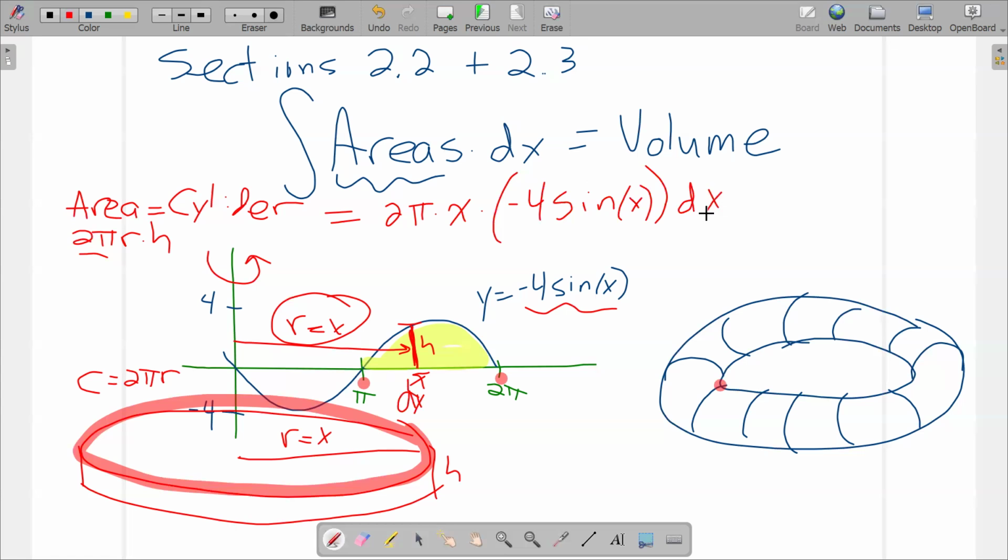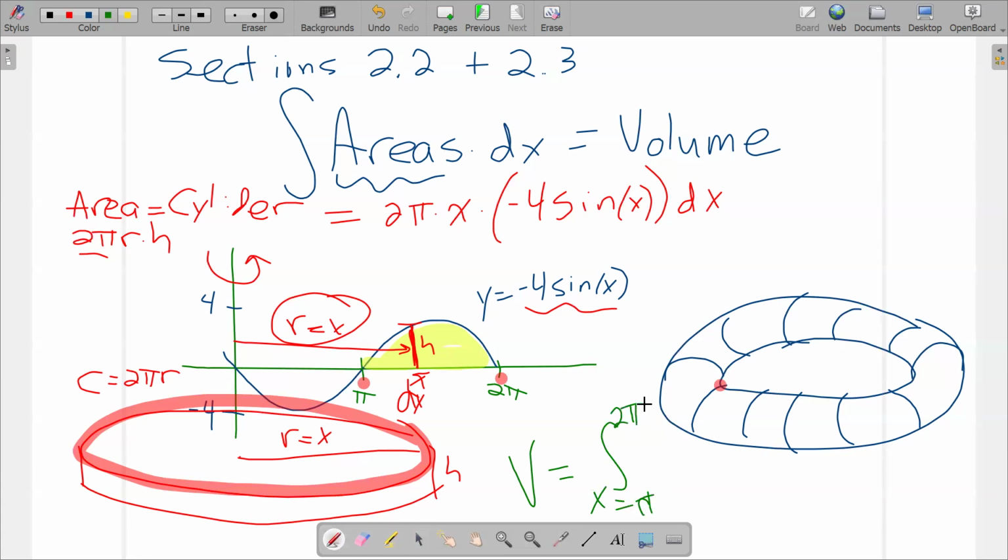So if we take our area times a little thickness, we're going to get volume. All we have to do is add up all those volumes. So for this one right here, I can just modify that. Squeeze it down here. So my volume will be the integral as x goes from pi to 2 pi.